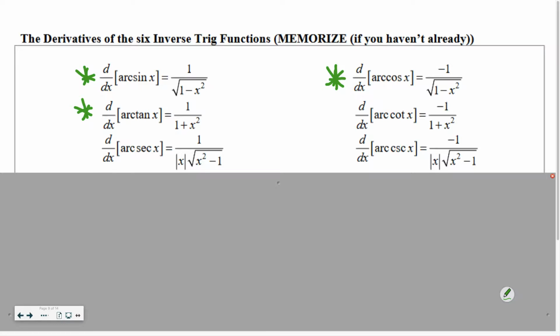But inverse sine, inverse cosine, and inverse tangent would be the 3 I need you to remember for a rule quiz and a test. Luckily, inverse sine and inverse cosine are just opposites of each other. So if you know one, you know the other.